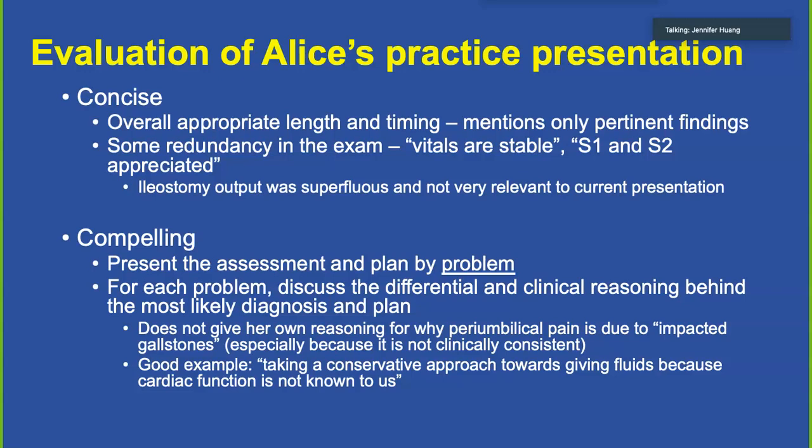She didn't really give her own reasoning for why the periumbilical pain is due to impacted gallstones. She just kind of goes off of the outside hospital workup. So there was a discrepancy there, because usually periumbilical pain is not clinically consistent with impacted gallstones, and she doesn't really explain why.